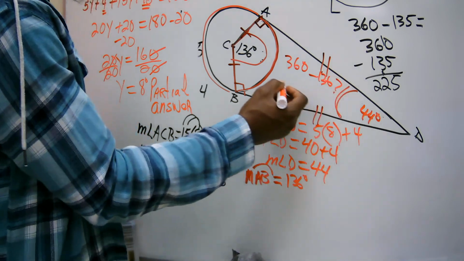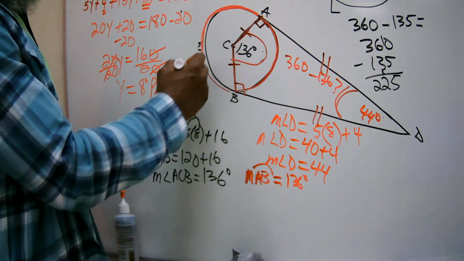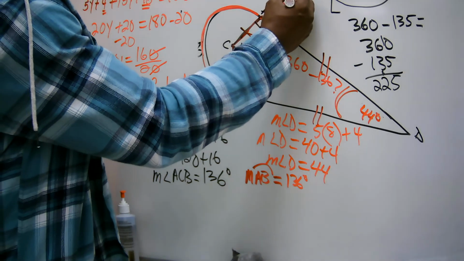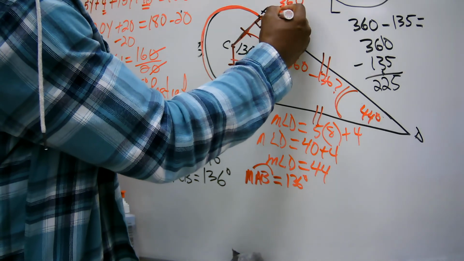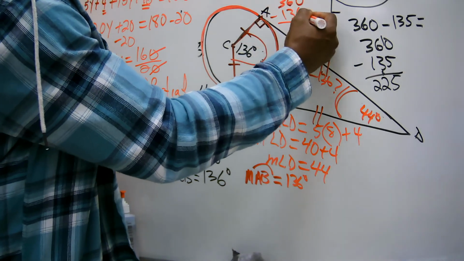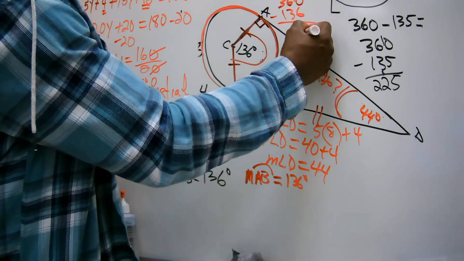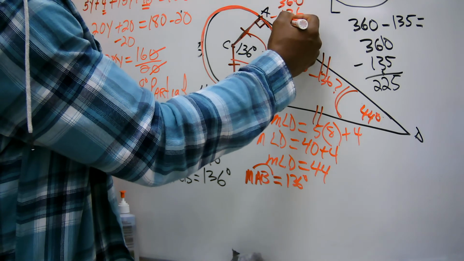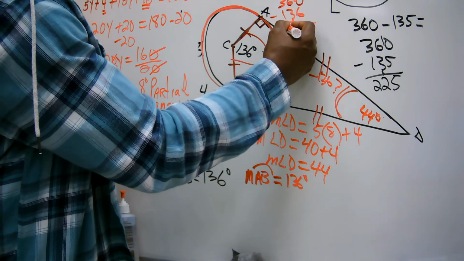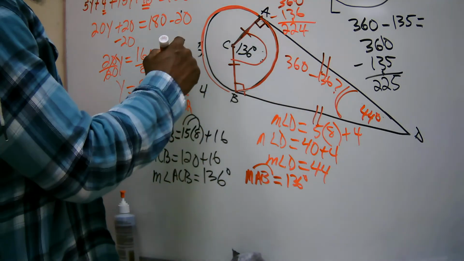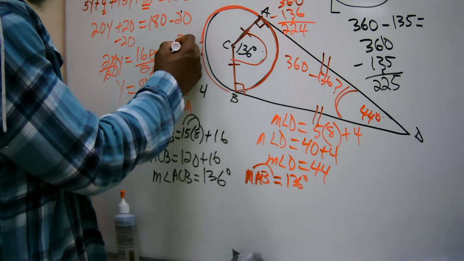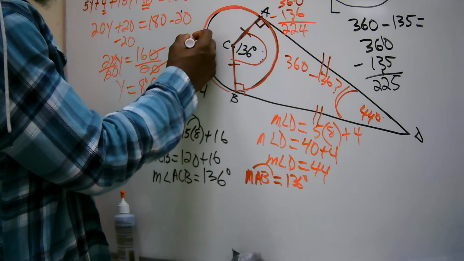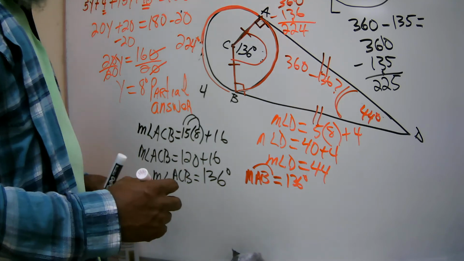That will tell you how much the other arc is. That will give you about 224 degrees. This will be 224 degrees.